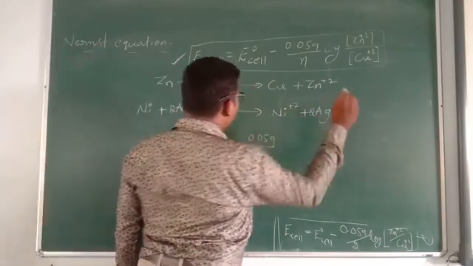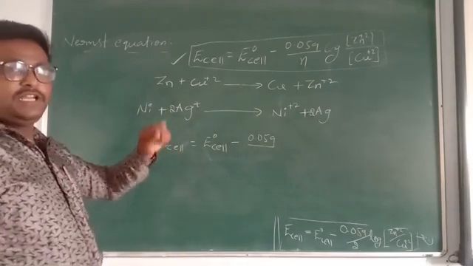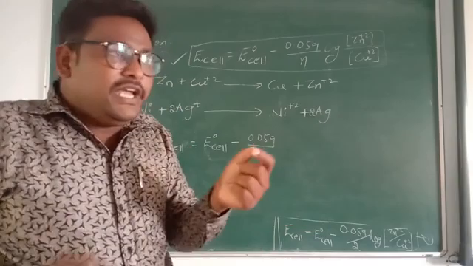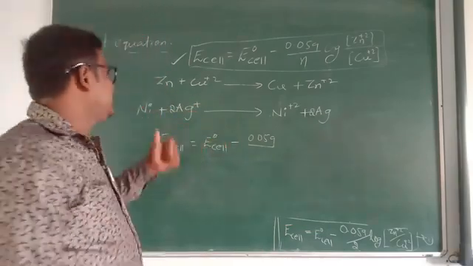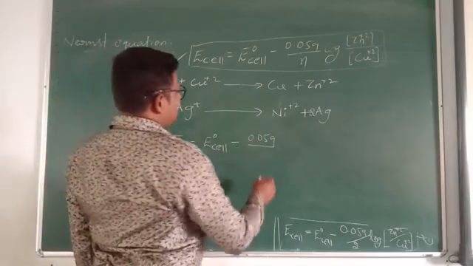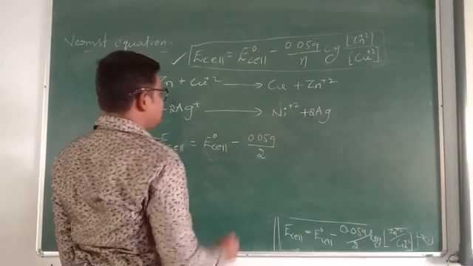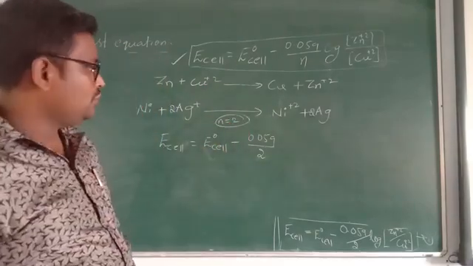So 2 silvers gain 2 electrons from the nickel. Nickel loses 2 electrons at a time, and individual silver ions gain 1 electron each, forming silver metal. So here also the number of electrons lost or gained, n, is equal to 2.